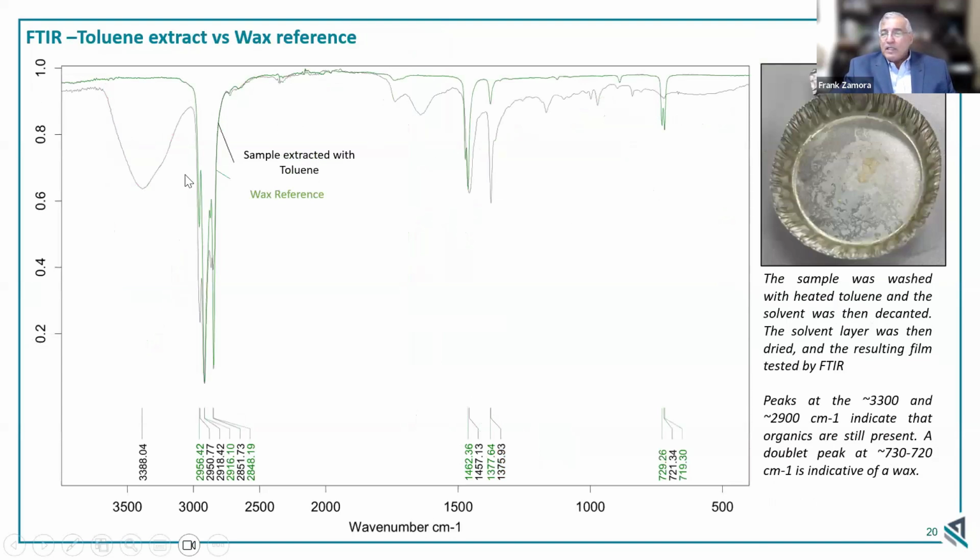Now, there was hydrocarbon here, so we compared it to a wax. What we do see is, remember, we looked at those CH groups. So we know it's not a wax, but it's definitely a hydrocarbon residual that was attached to this particular sample.